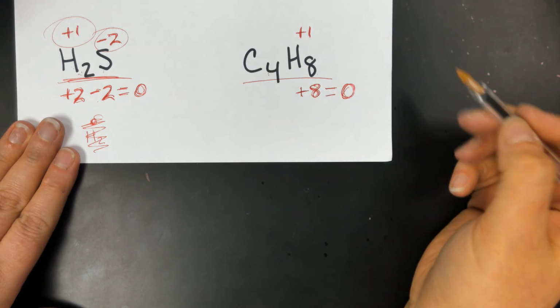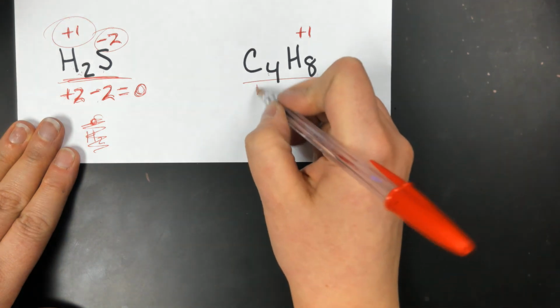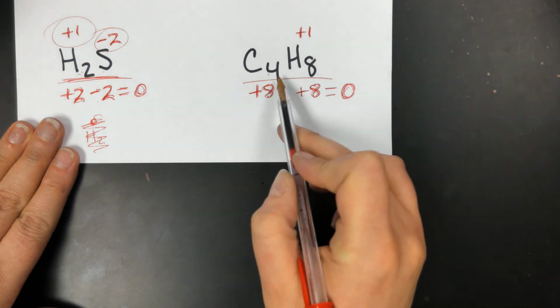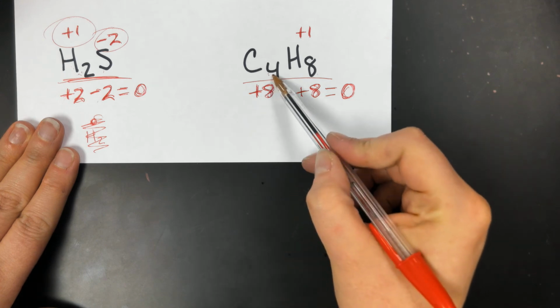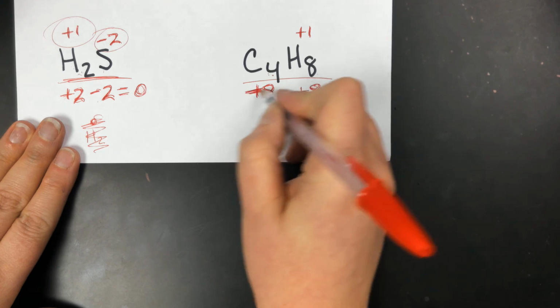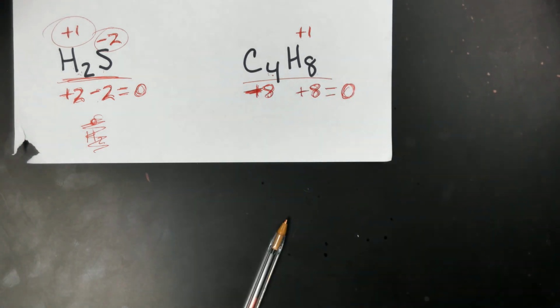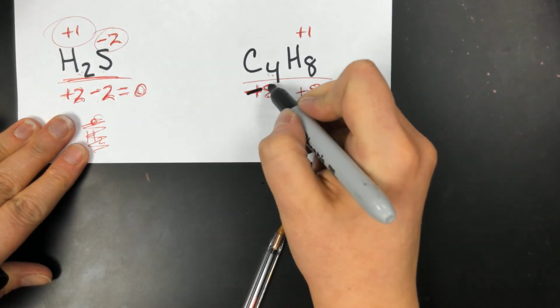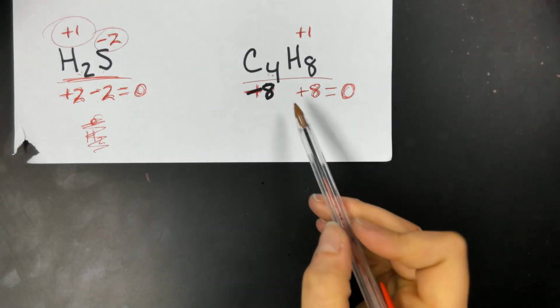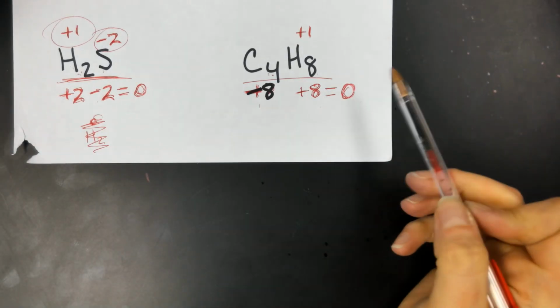Right? So carbon must then be a total of -8. It's late. Let's make that a little bit more clear. -8. Total of -8 to the party, right? Because -8 + 8, 0.